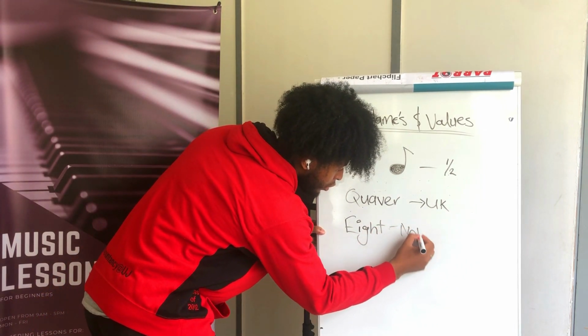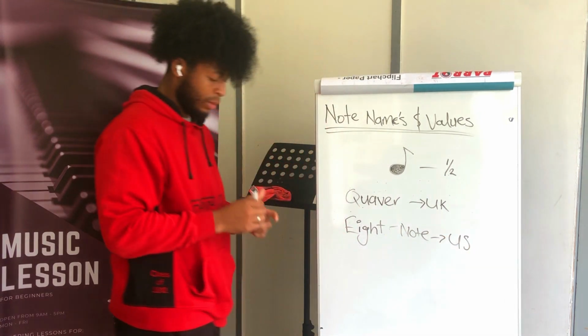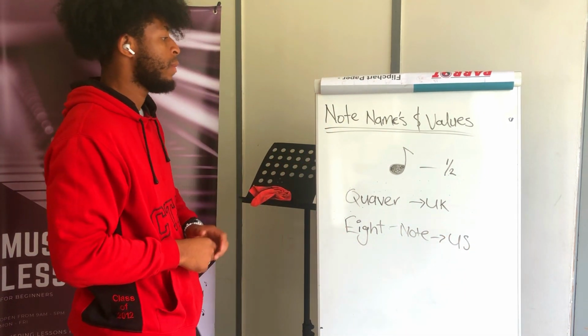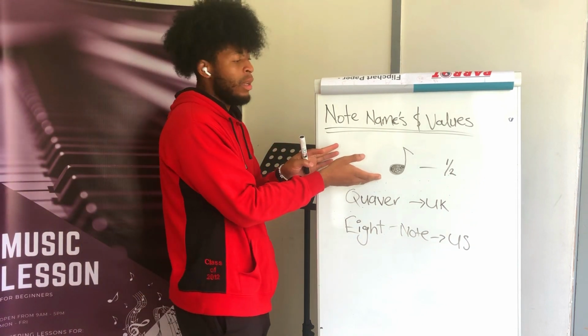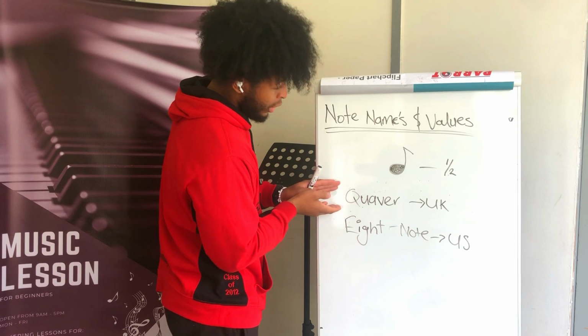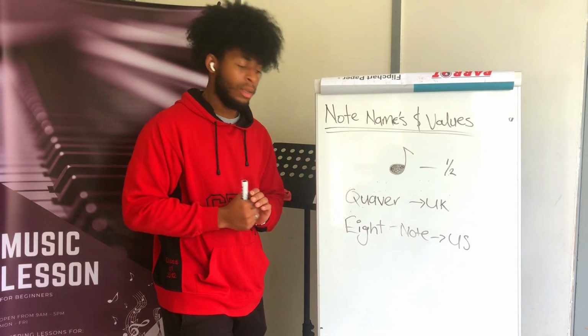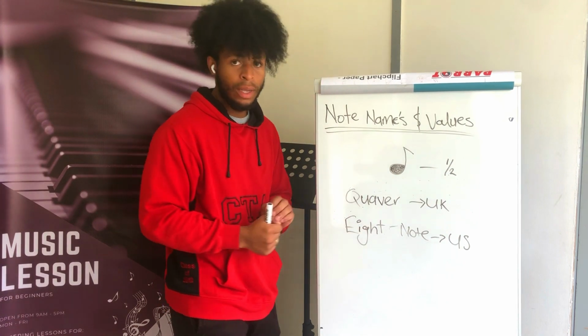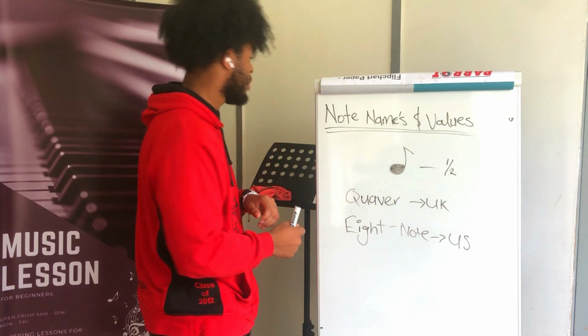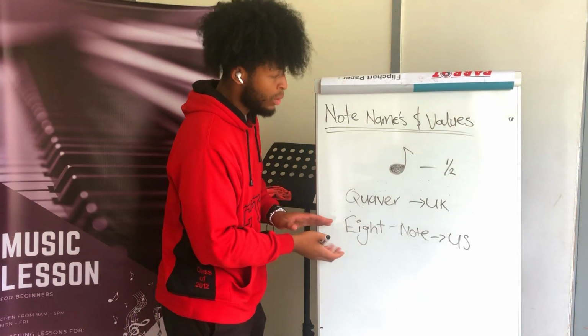Note, US. Alright? Quaver, value is half. That's the name UK. That's the name US. The eighth note, right? Our crochet was the quarter note.